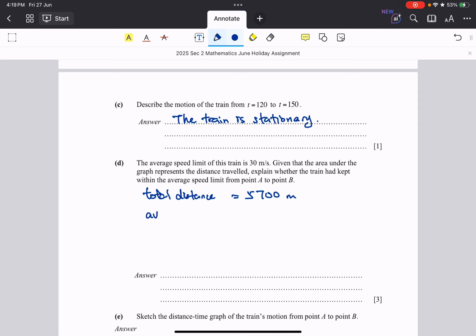And the average speed, therefore, is going to be 28.5 meters per second.